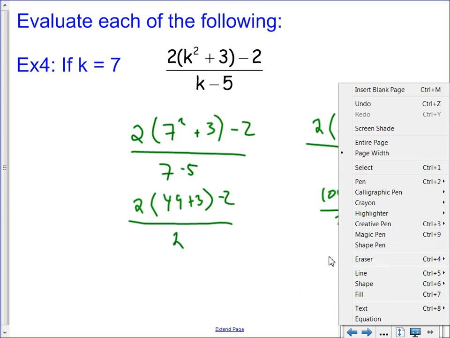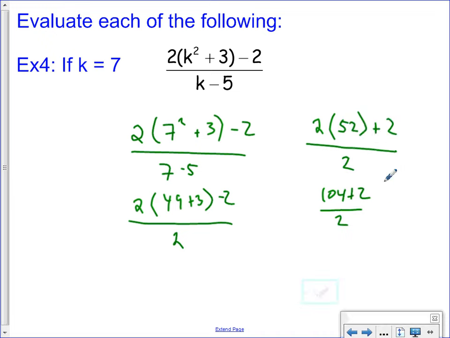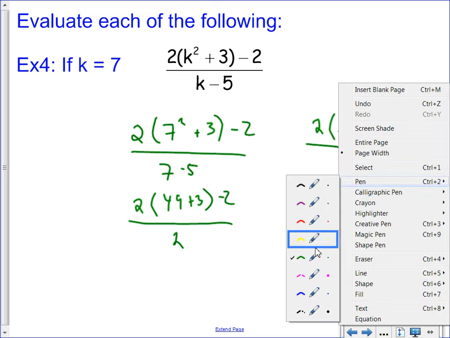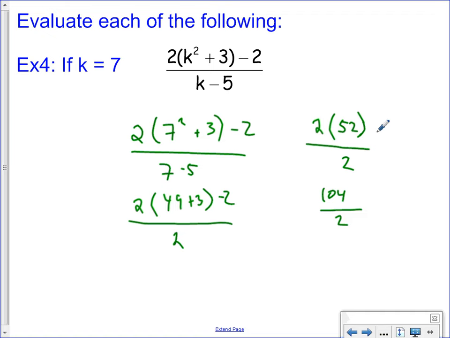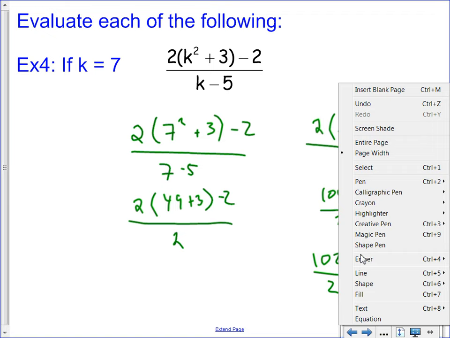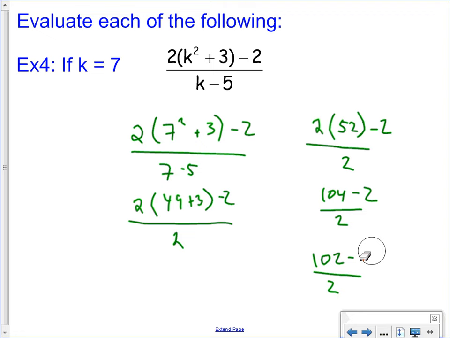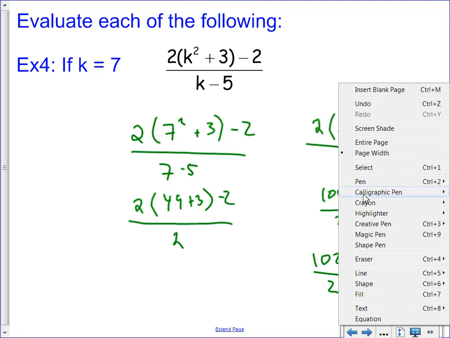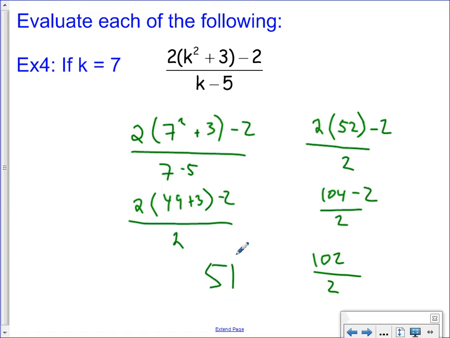Thank you. I totally messed up that sign. Okay, back to the 10. So minus 2, minus 2. So that'd be 102 minus 2 over 2. No, 102 over 2, not 102 minus 2. Sorry. There we go. Better answer. Whew, that was painful. 51. Finally.